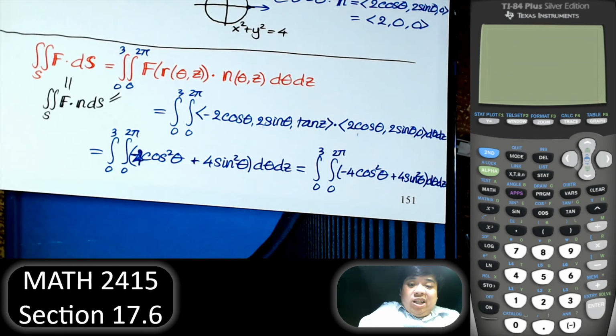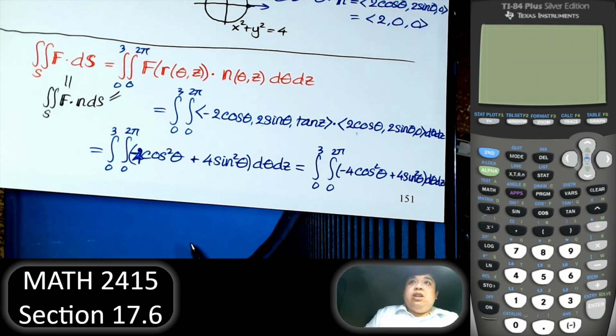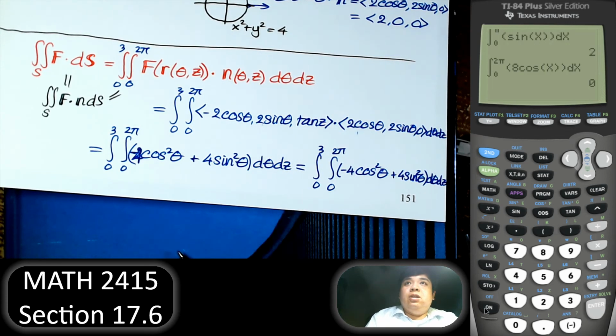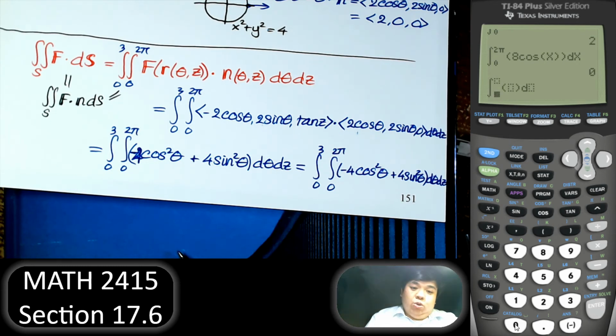Of course, there's no z here, so we just need to do that integral. I got a feeling that it is equal to 0.